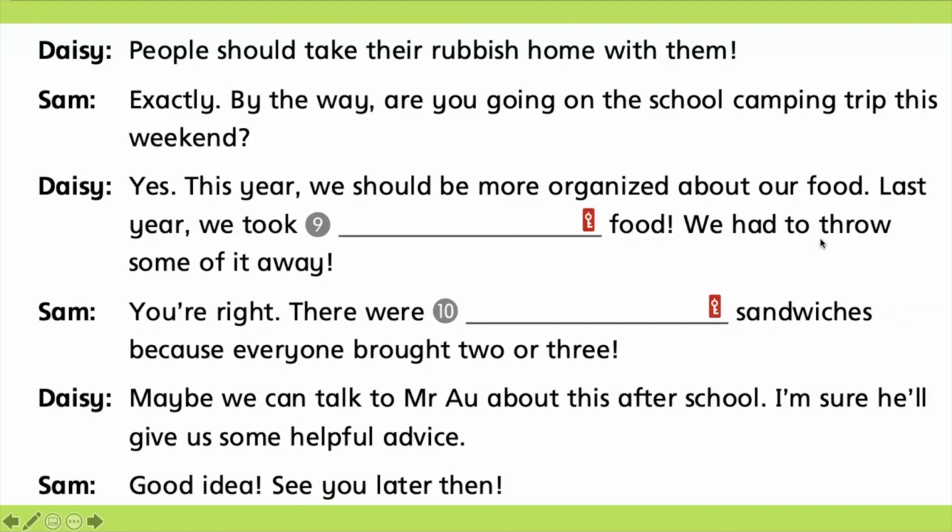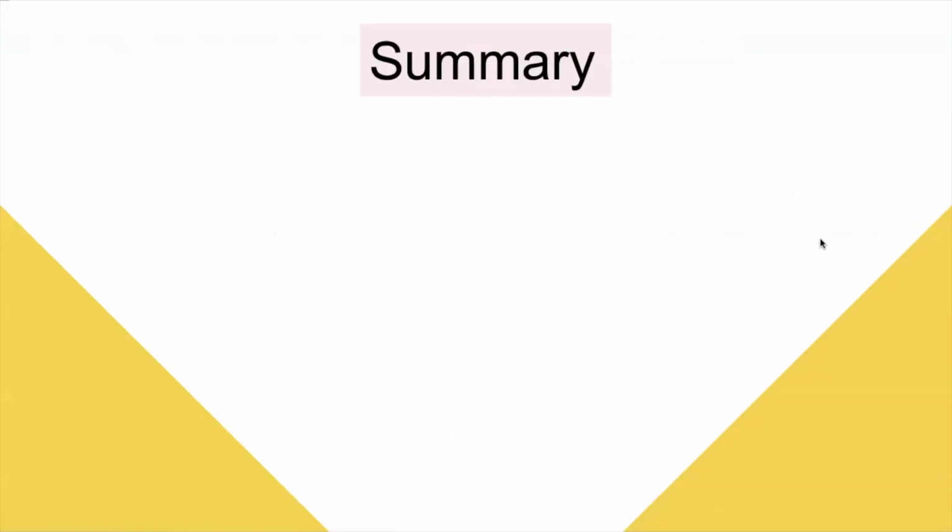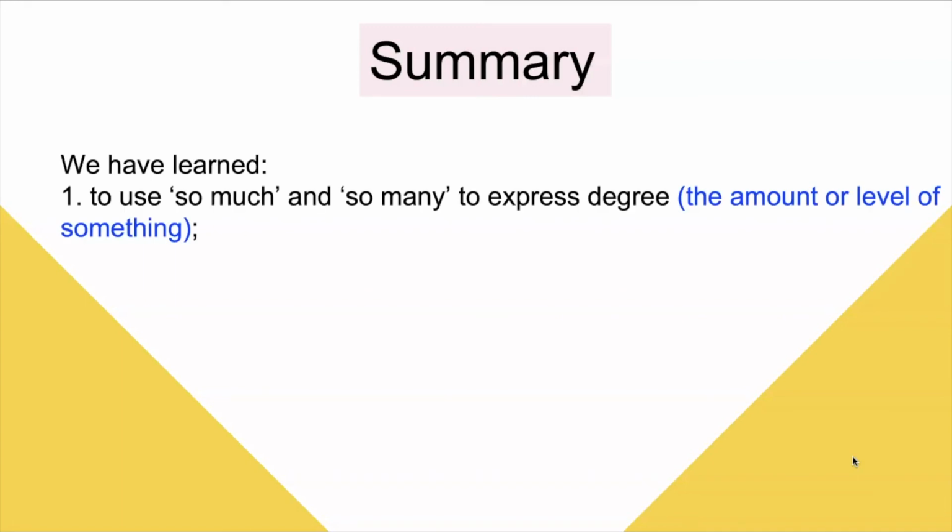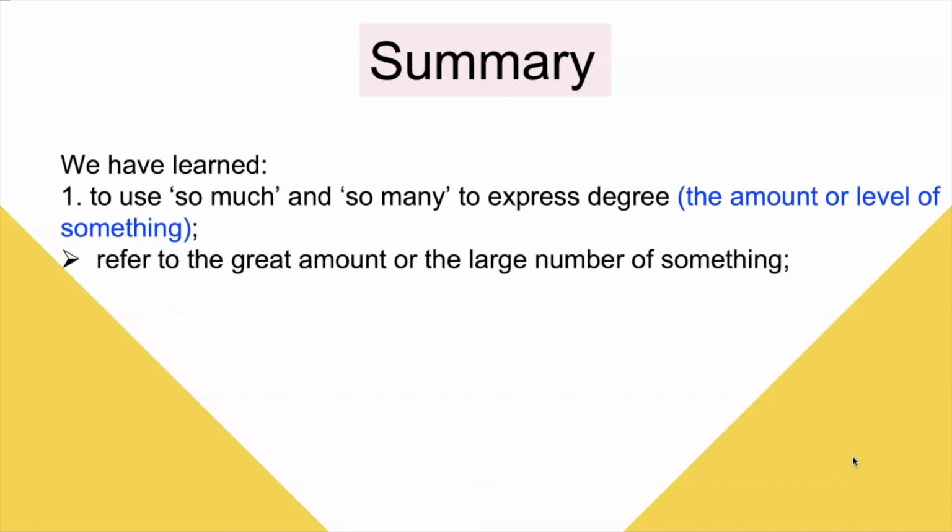So boys and girls, have you got all of them correct? So what have you learned in this lesson? In this lesson, we have learned to use so much and so many to express degree, which means the amount or level of something. So much and so many refer to the great amount or the large number of something.